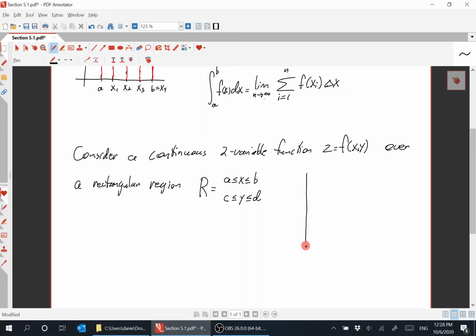So in the xy plane, we're looking at this rectangle here, which I'll draw.